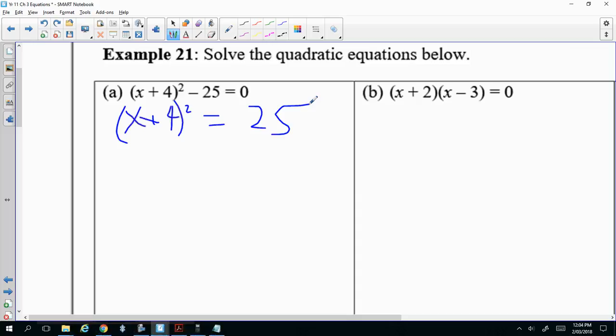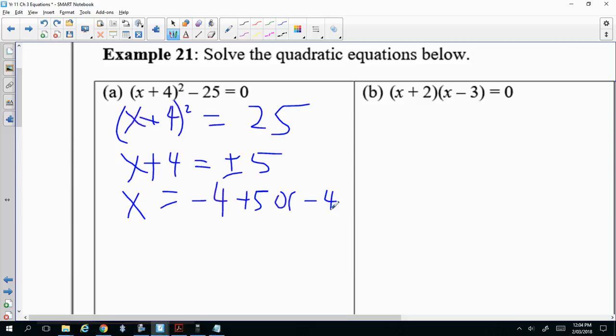X equals negative 4 plus 5 or negative 4 minus 5, which is 1 or negative 9, right? So that's the easiest way, just to square root. Okay, done.